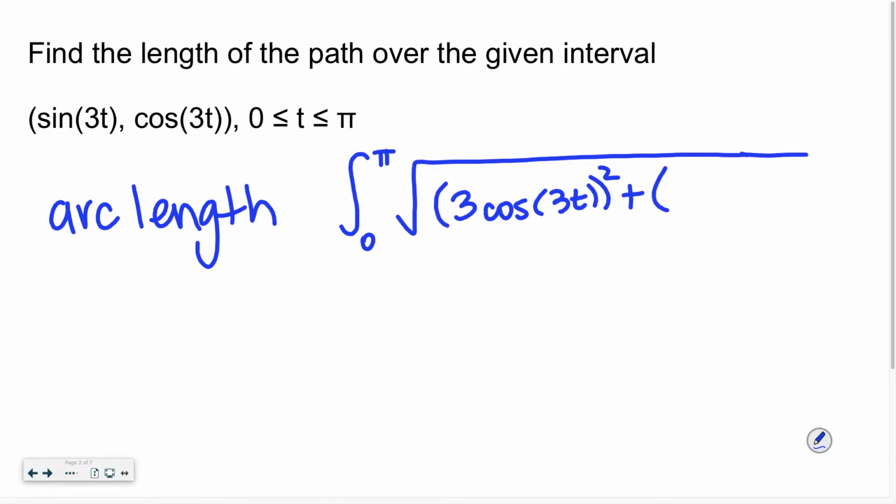Okay, and I'll let Caleb do this one. What's dy dt, Caleb? Negative 3 sine 3t.